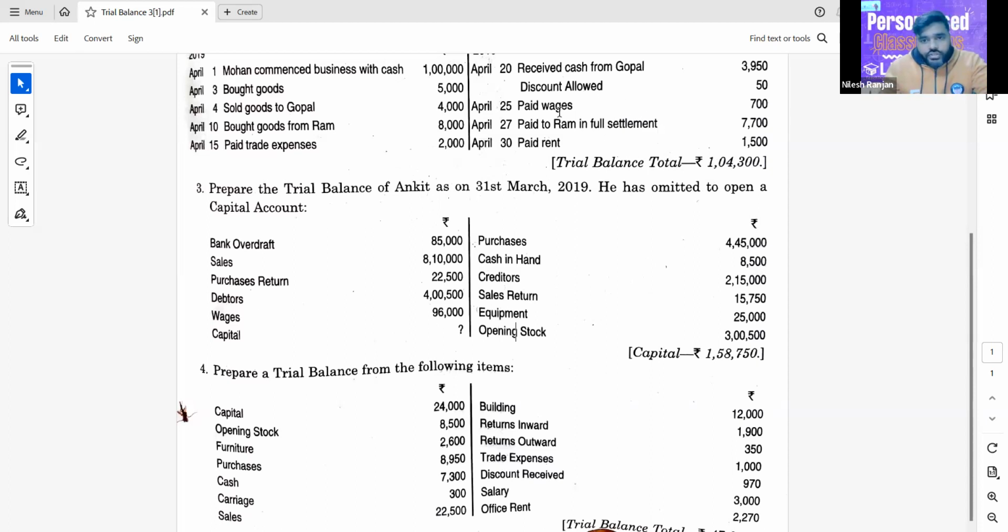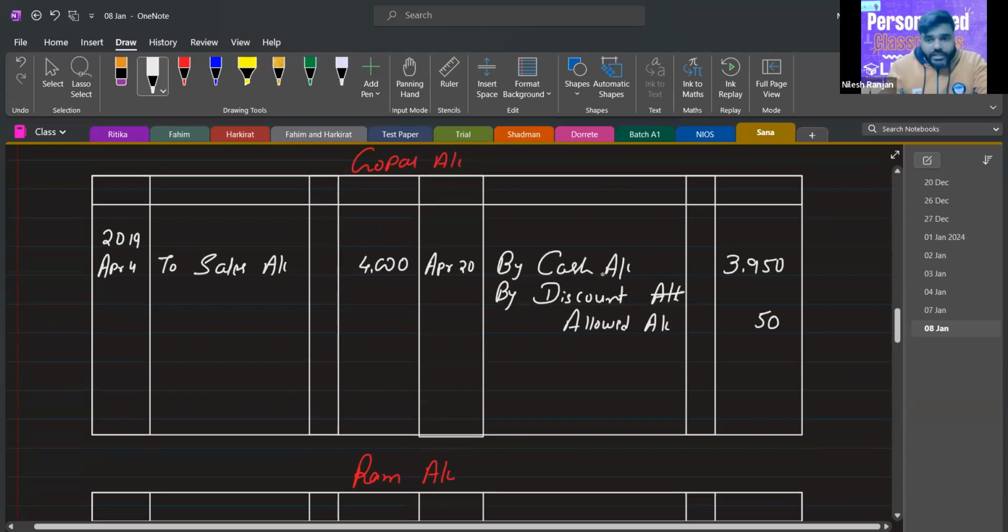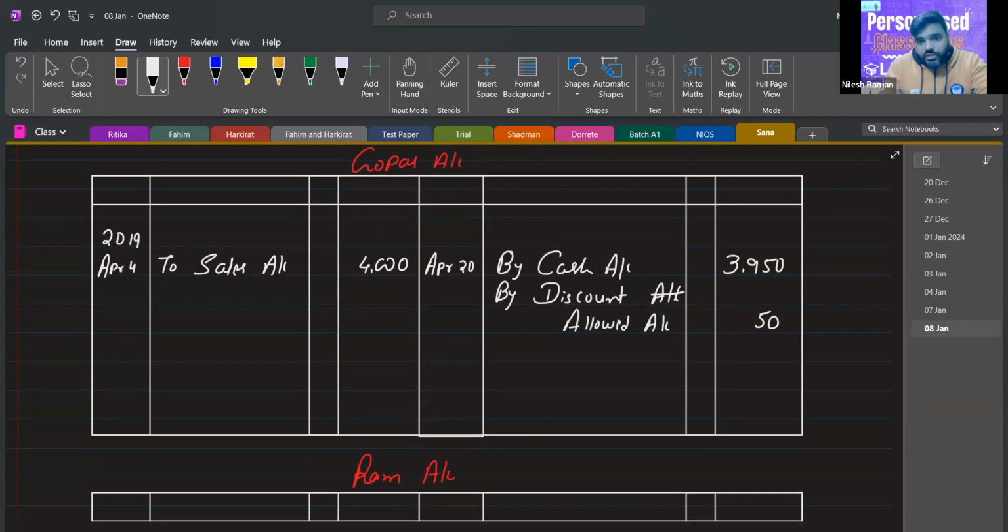Now, in this transaction, there is cash account debit, discount allowed account debit to Gopal account. So there are two entries on the debit side and one entry on the credit side. If you go on the credit side of Gopal account, then we have to write two items because there are two opposite accounts, cash account and discount.